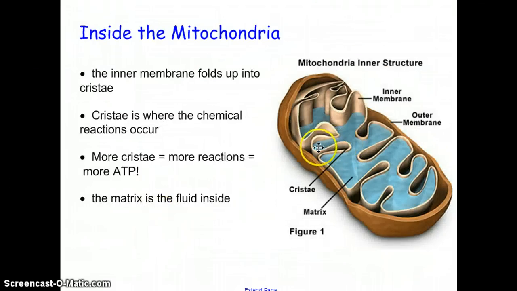The more surface area you have of these folds, the more the matrix can react with the cristae, and that's what actually makes the reaction occur. So the more cristae, the more reactions, and the more ATP you can get. It's important that this inner membrane is folded and not just flat.